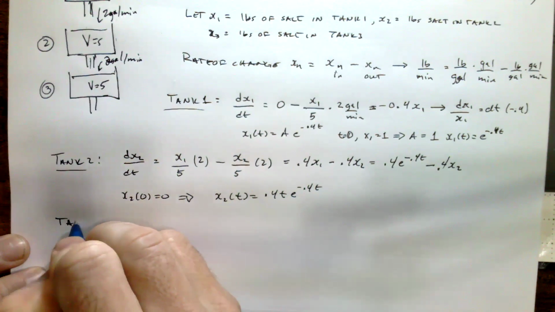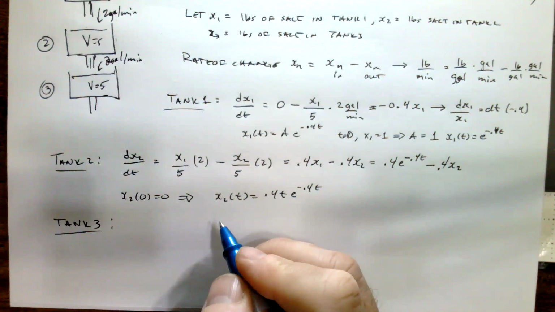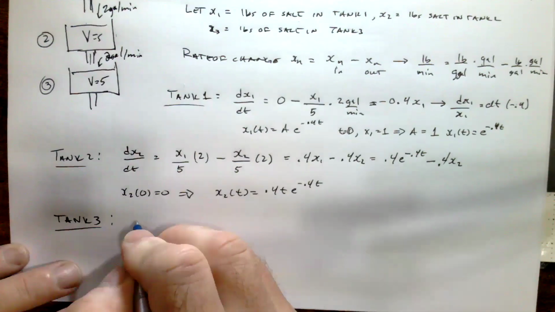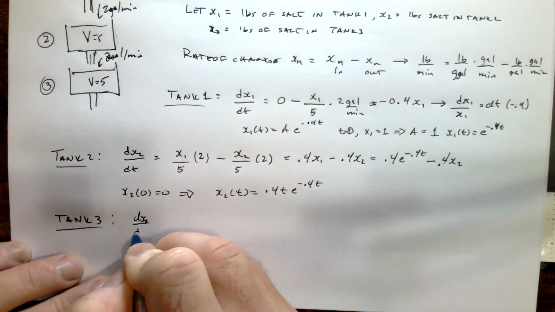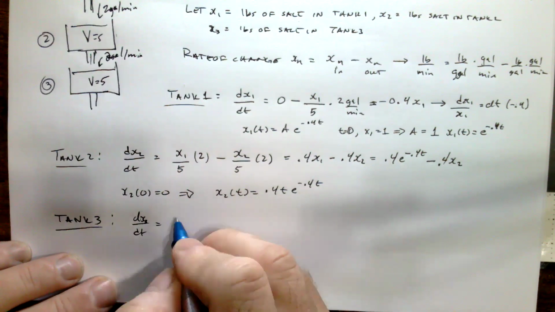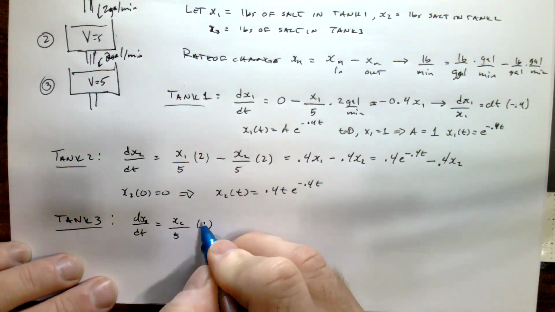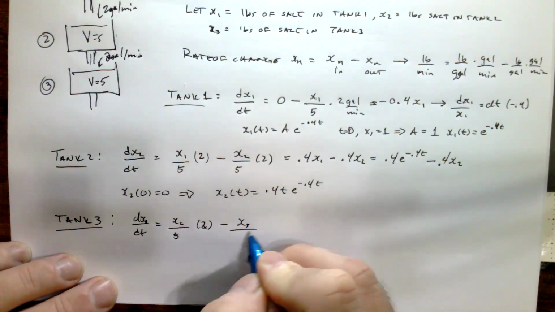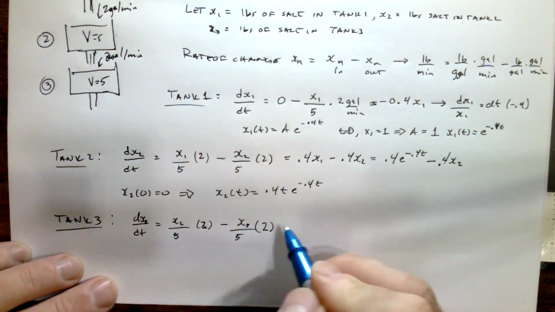And now let's look at tank 3. Looking at tank 3, we find that the rate of change of x3 with respect to time is going to equal the rate in, which is coming from x2, divided by the total volume, times the number of gallons coming in per minute, minus the rate out, the amount of salt leaving divided by the total gallons, times 2.